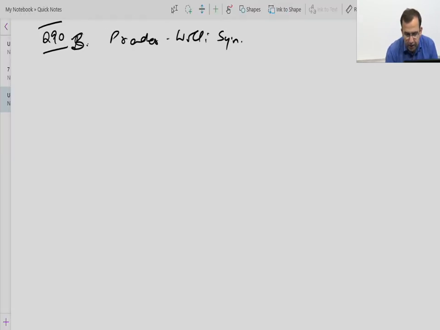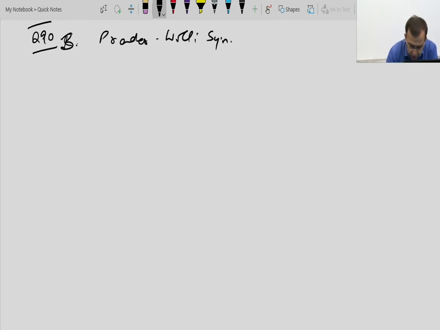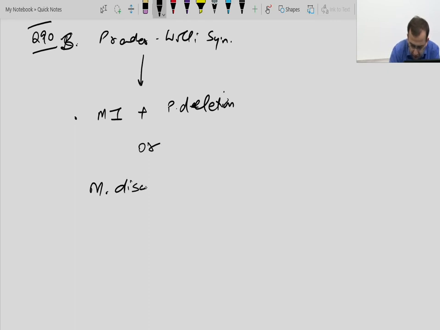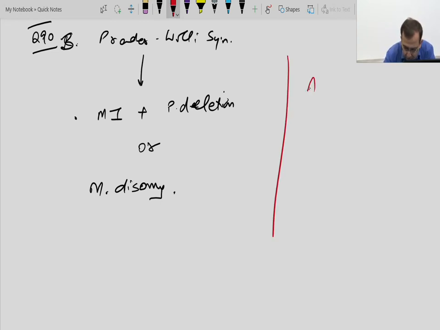We have already seen this in detail. Just a quick recap. Prader-Willi is maternal imprinting plus paternal deletion, or it is maternal disomy.